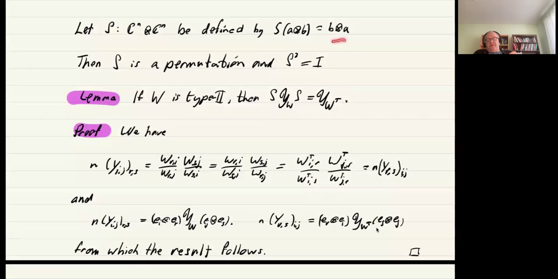The vectors of this form span, and they contain a basis. So S is defined on a basis, and it's a permutation, so S squared is the identity. And the claim is that if W is type 2, then S times Y_W times S is Y_W transpose. The point is that type 2 matrices always come in pairs, W and W transpose. And the connection is interesting and useful.